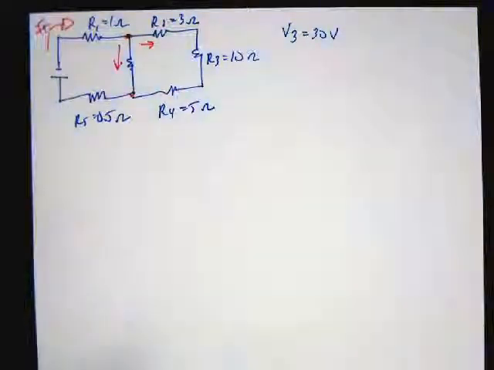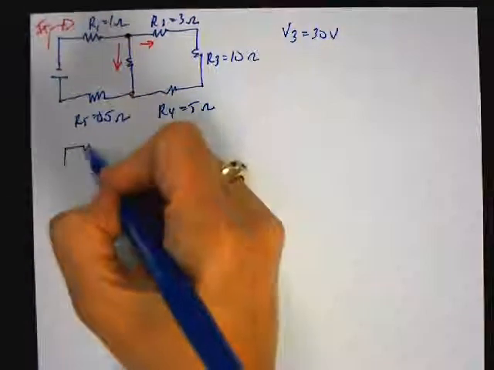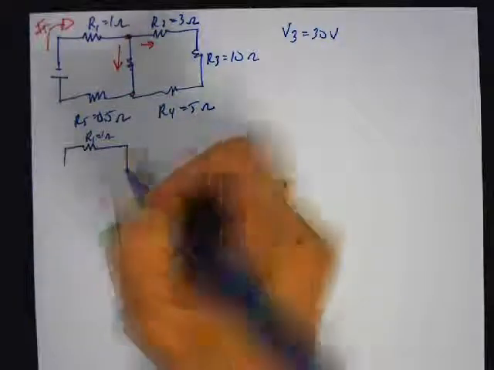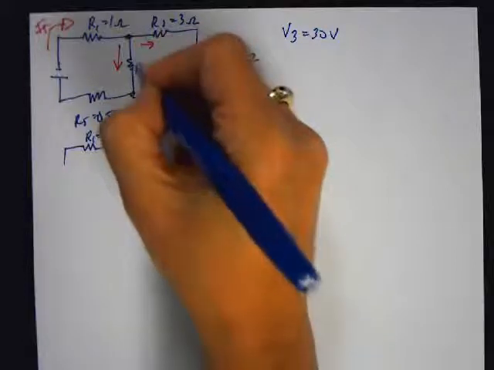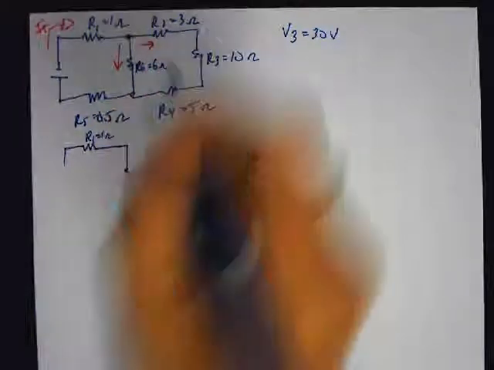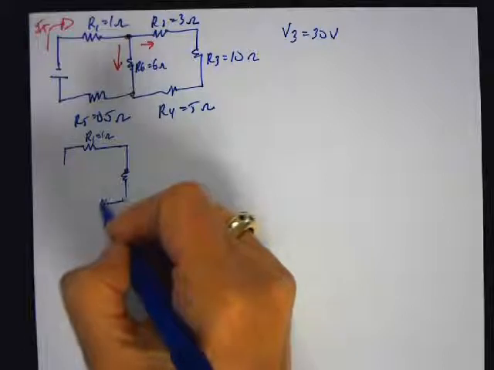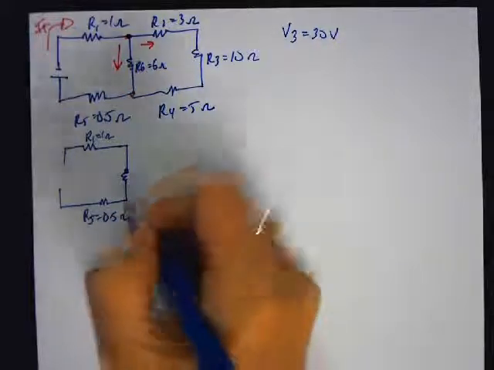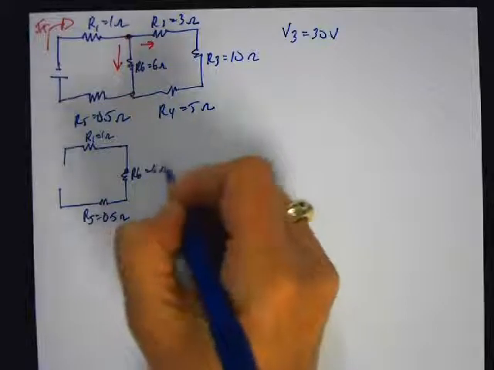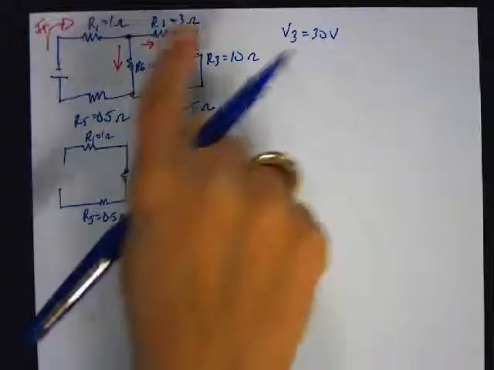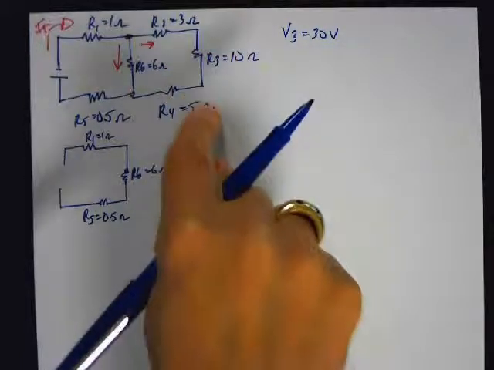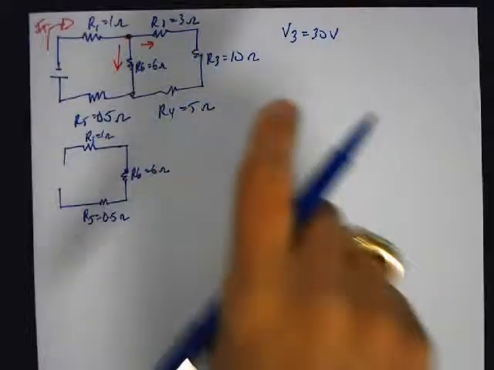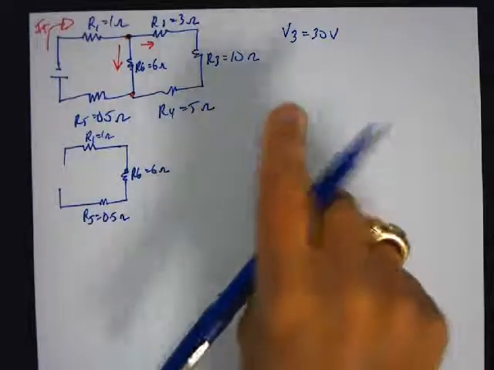So what I'm going to do is simplify this. R1 I'm going to leave alone. And I forgot to write what this one was, R6 is equal to 6 ohms. I'm going to leave that alone. I'm going to leave R5 alone.